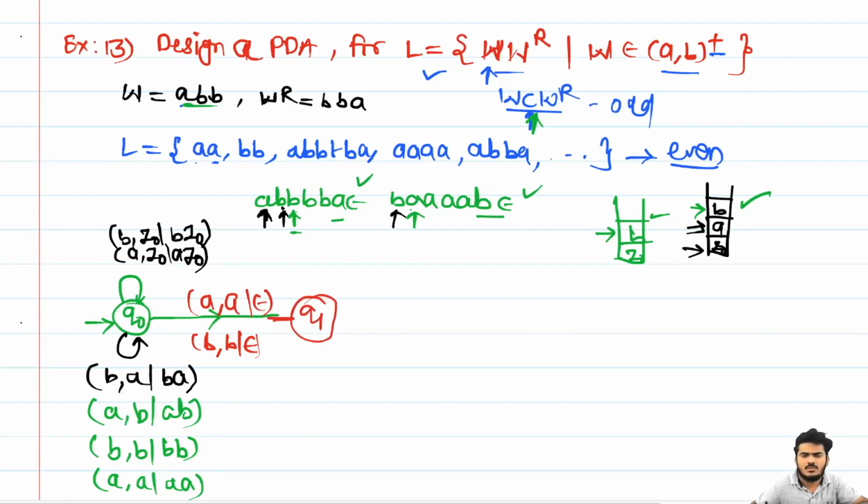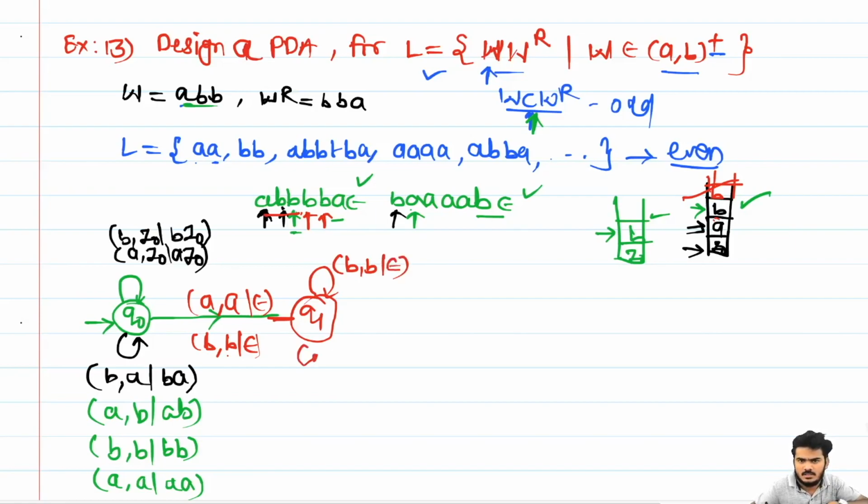Now what will be there? For this one input, suppose ABB is already in the stack, so B and B are matched, so I have popped this B. Next again this B is there and again I have to match B, so B on B I have to pop.